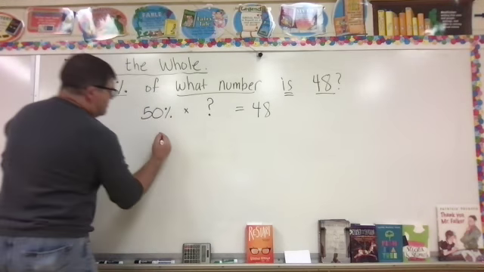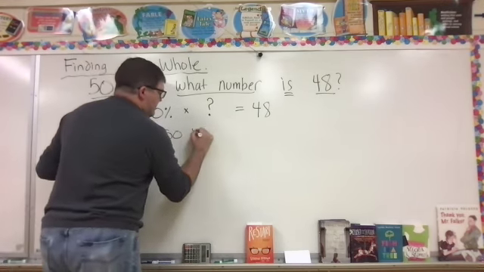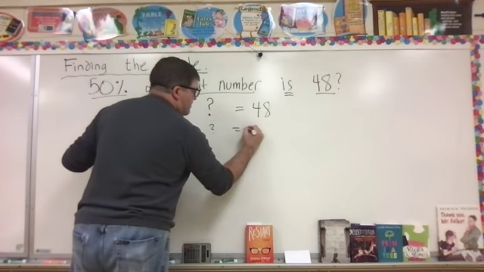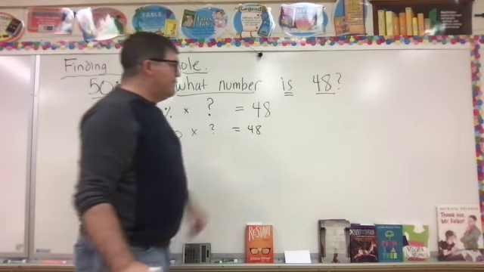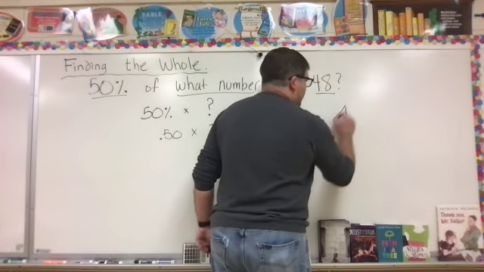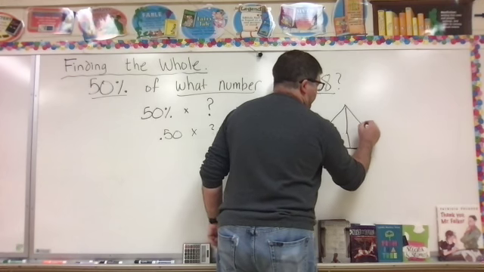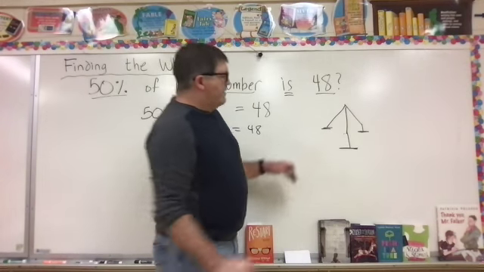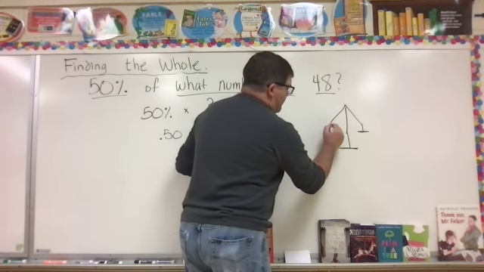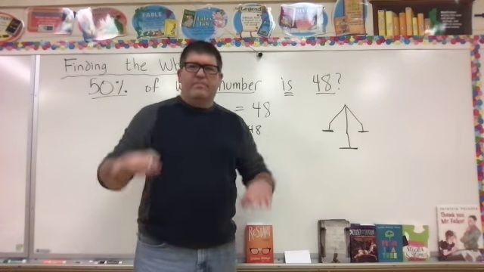So I'm going to make this into a decimal times some number equals 48. Now, this equals kind of like a scale, or a balance.